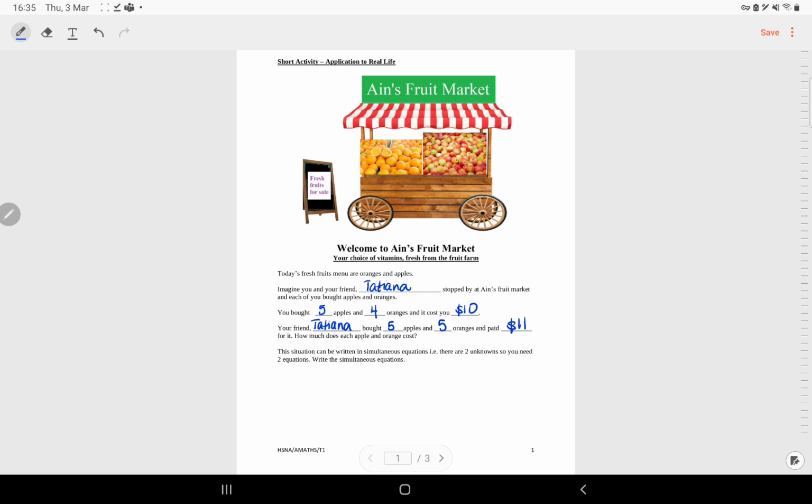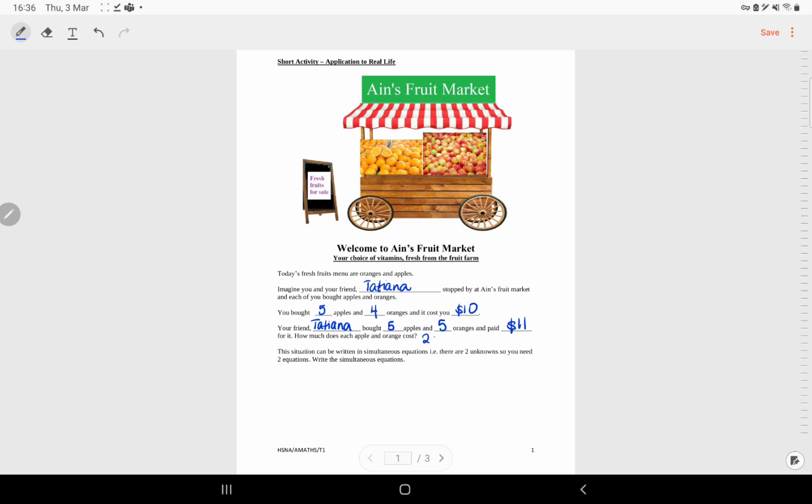Here you are basically given the total amount. They didn't tell you the cost per apple and per orange, but instead the total amount. So how do we find the cost of each apple and each orange? Here each apple and each orange are basically our unknowns. How many unknowns are there?